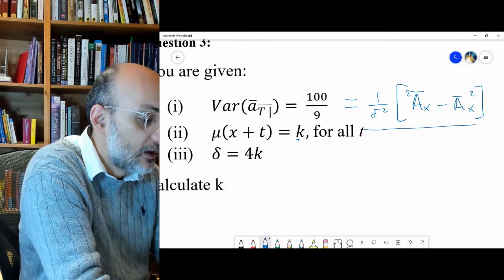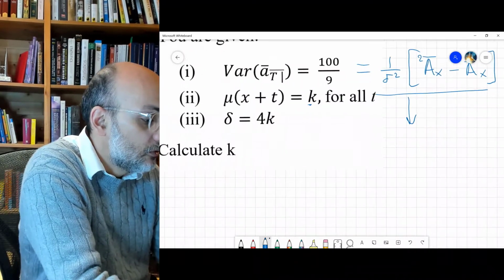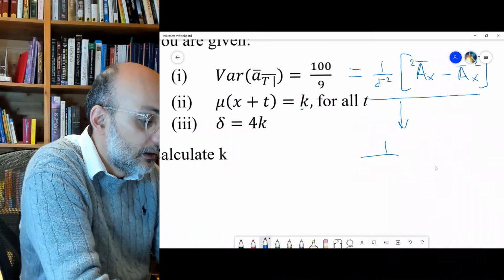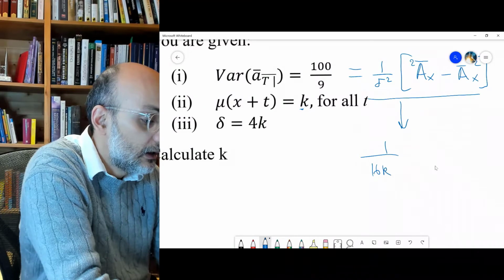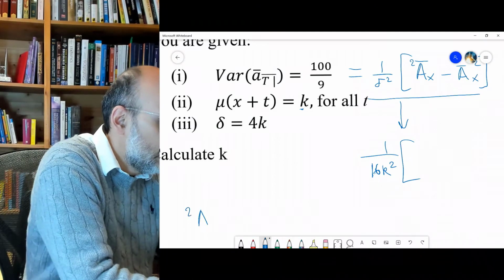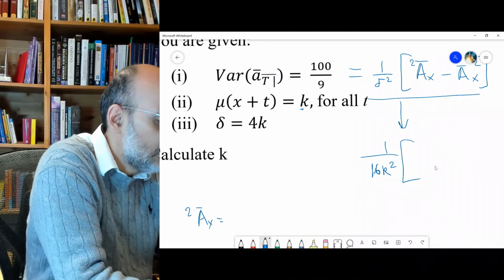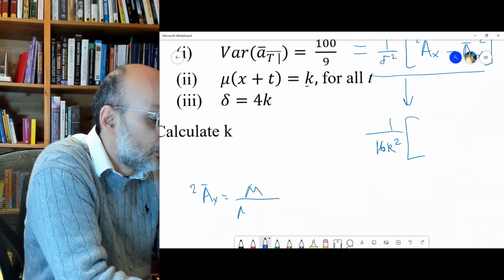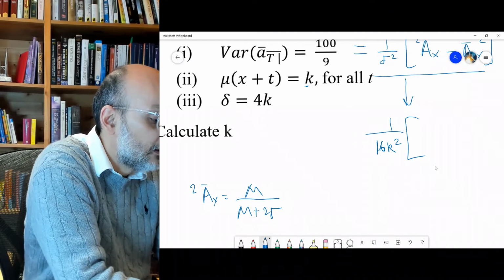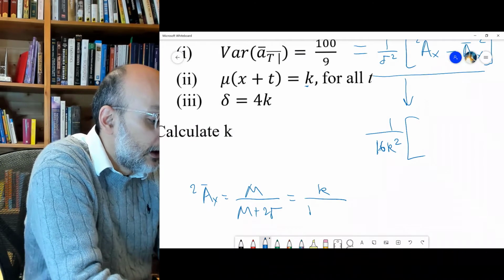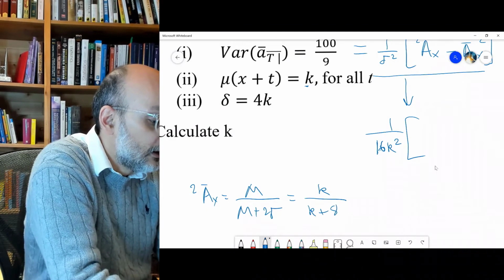Why? Because let's take it here. Now you have delta to be 4k, so 1 over delta squared is 1 over 16k squared. Right, you see what I did here. But what is 2Ax? If you remember the formula for this one, it is mu over mu plus 2 delta. But mu is k, and 2 delta is 8k.